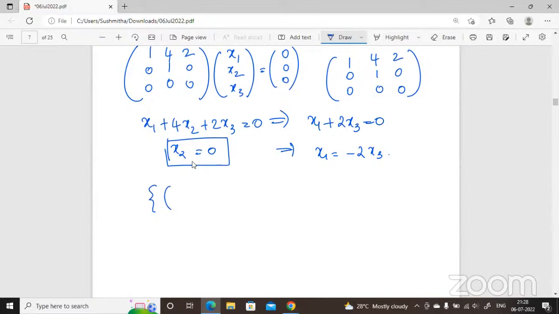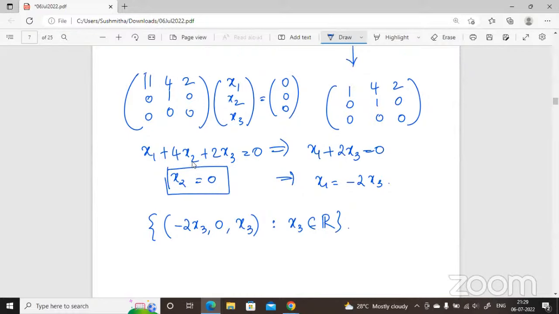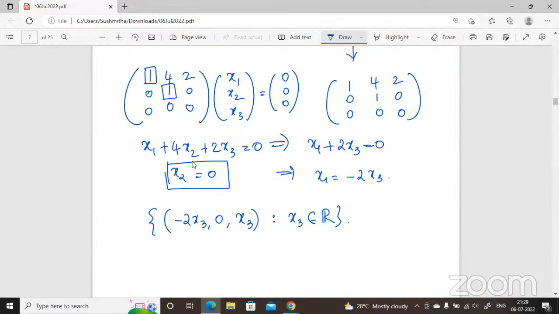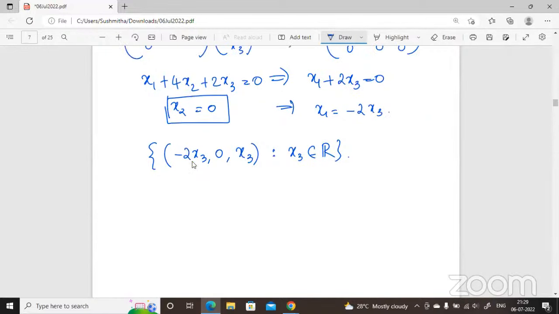Minus 2x3, 0, and x3. x3 varies over R, meaning there is no restriction on x3. Because the third row is completely 0, there is a pivot here and a pivot here, and x3 is an independent variable because there is no pivot in the third column, right? Yes, ma'am. So can you give a basis?